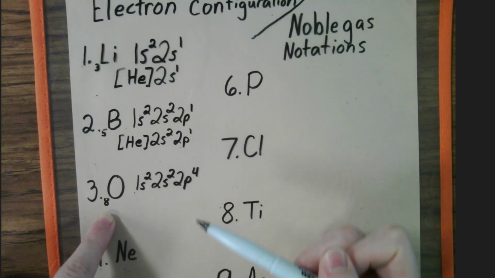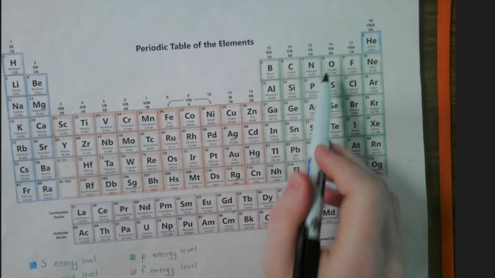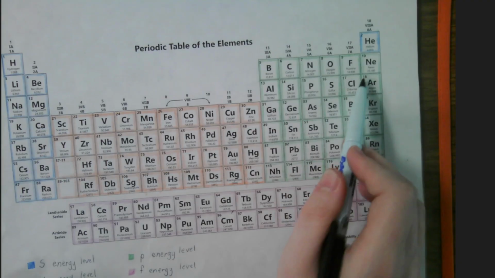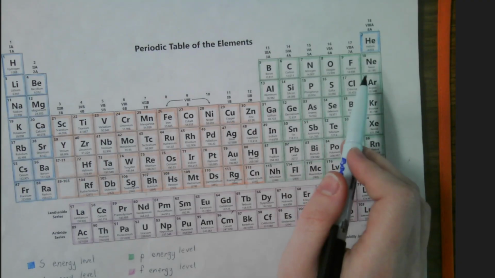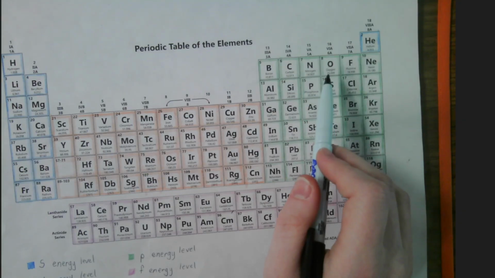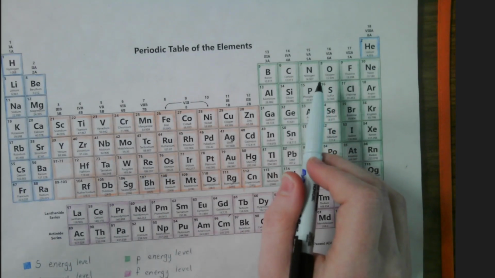Now for our noble gas notation, we're going to look at the previous noble gas. We start here, and yes, neon is closer, but neon has 10 electrons. We need to find the noble gas that has the least, well, the greatest common noble gas.